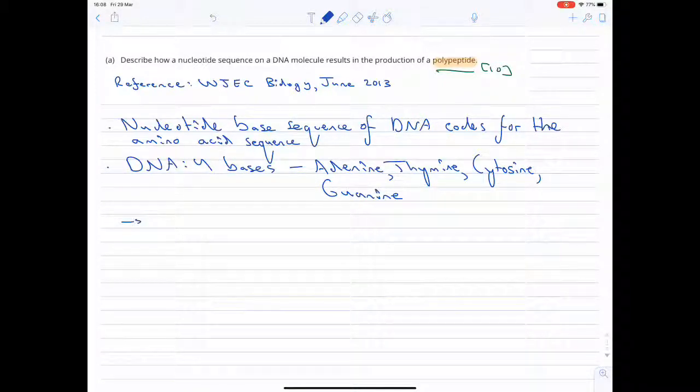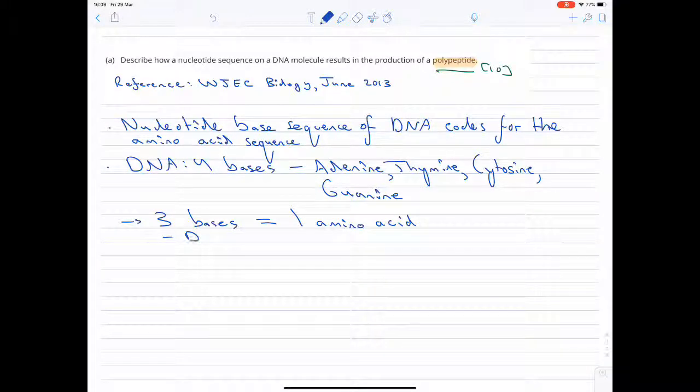And from the properties of DNA, we know that 3 bases code for 1 amino acid. So I'm just going to write that down here: 3 bases equals 1 amino acid. That's going to be quite important when we talk about codons in translation.